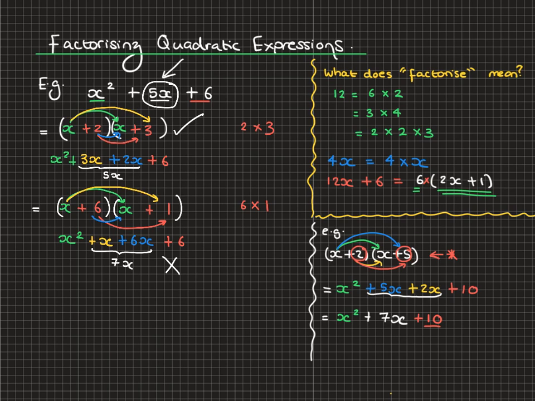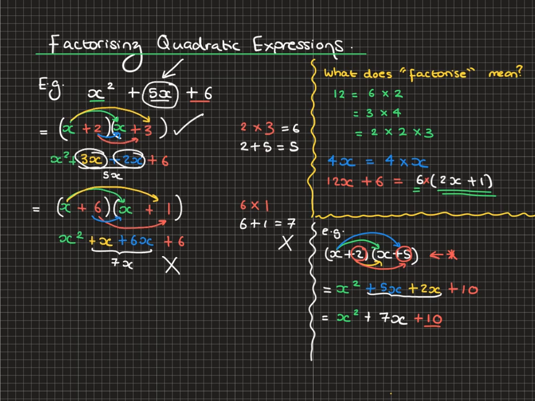But how do we know for sure which is going to give us the correct answer? Well, for the moment, have a look at the 2 and the 3. We know that 2 and 3 multiply together to give us 6, but they also add together to give us the 5 here that we wanted, because it's not just 2 plus 5, it's 2x plus 3x that we have. 6 plus 1 gives us 7, which is wrong.